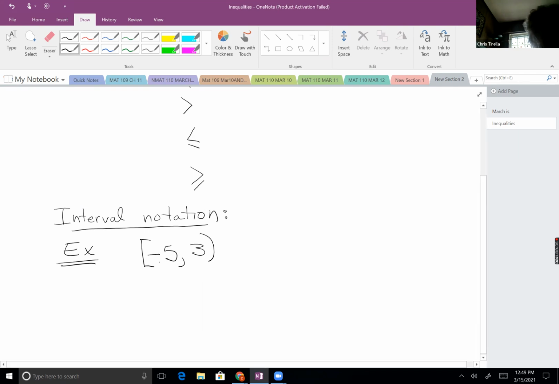Does everybody remember that? Solid on the left. If I were to graph it, I'd have a solid dot on -5, an open dot on 3, and I'd shade in between. Or I could say that -5 is less than or equal to x is less than 3.